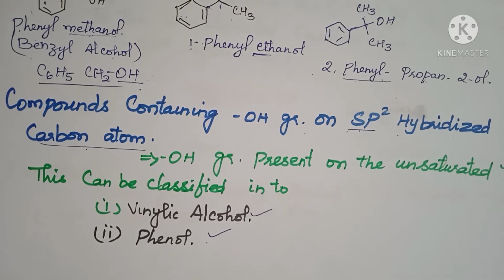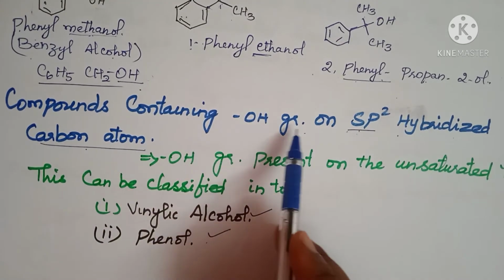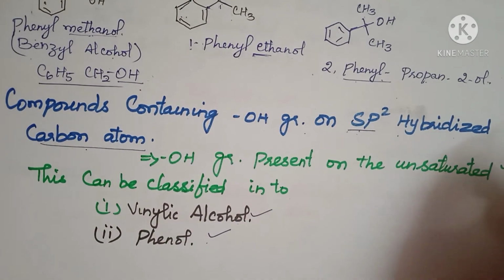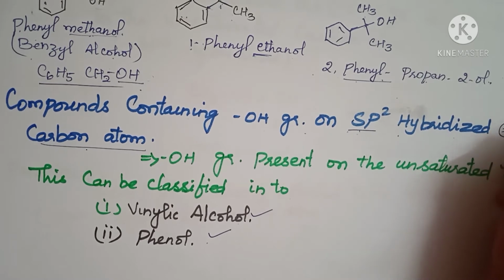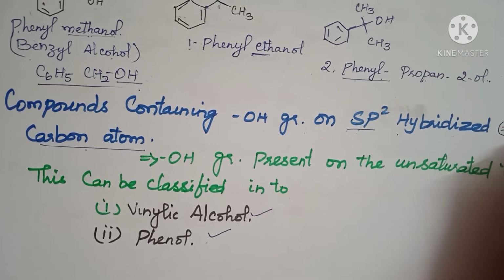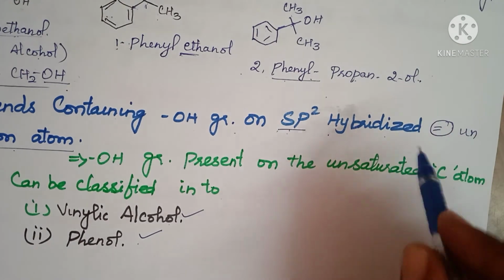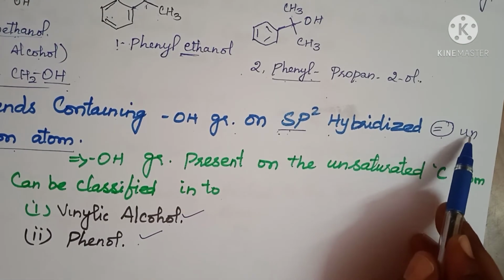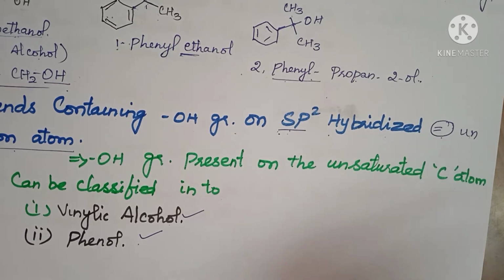Benzylic alcohol. All these categories belong to sp3 hybridized. Now what we are going to discuss is sp2 hybridized. Whenever we discuss sp2, a double bond will be there. If a double bond or triple bond comes, naturally an unsaturated carbon will be there.